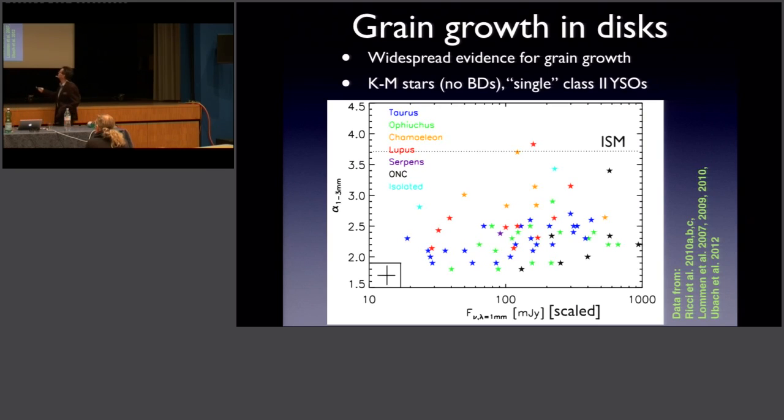This was done for isolated stars with masses in the solar, slightly subsolar range, single objects. So the binaries were removed from this sample.